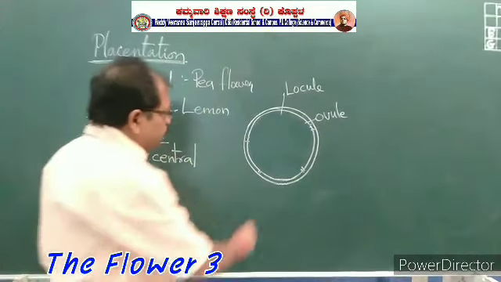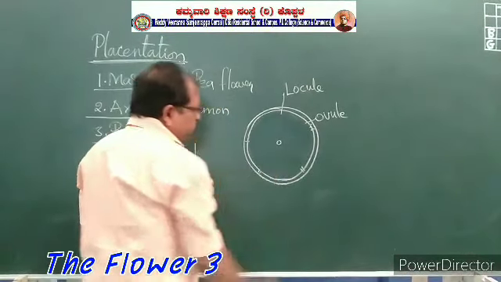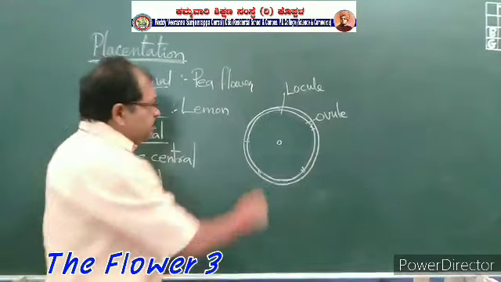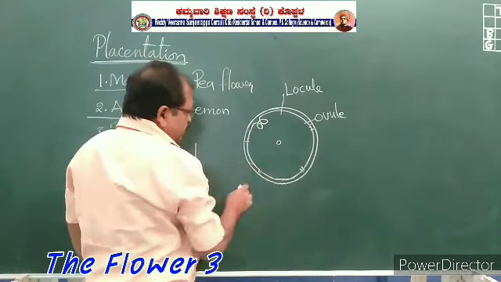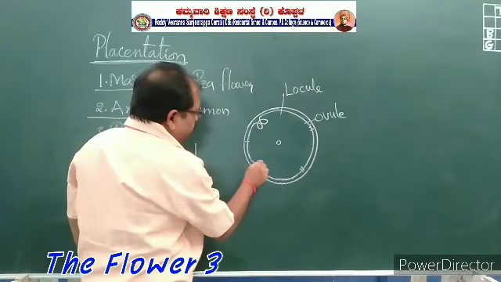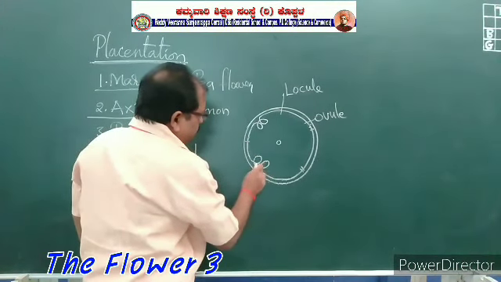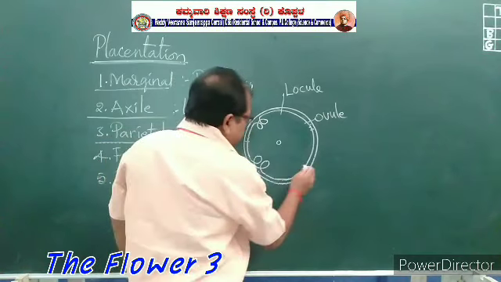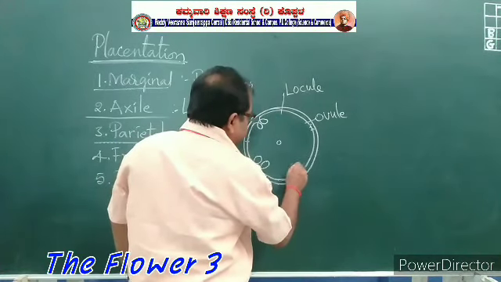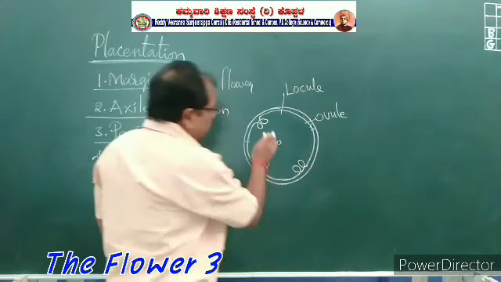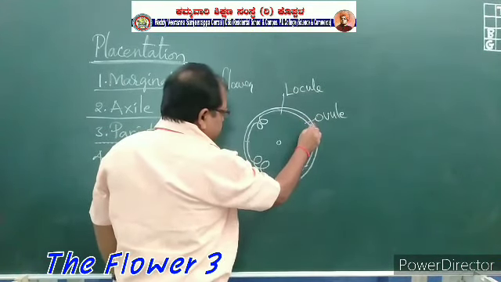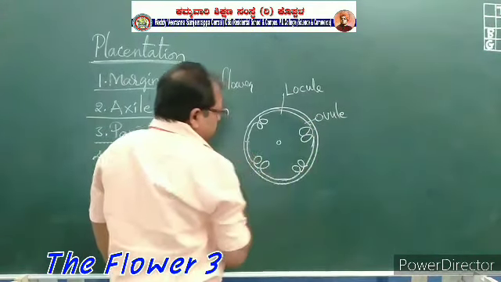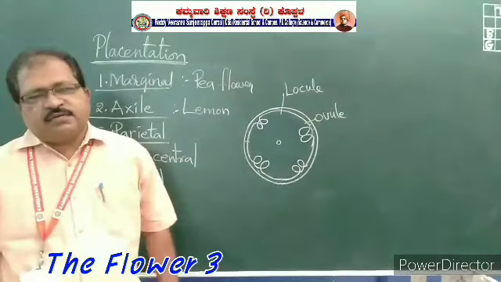The central axis is present, but the ovules are arranged at the parietal side, meaning away from the center.